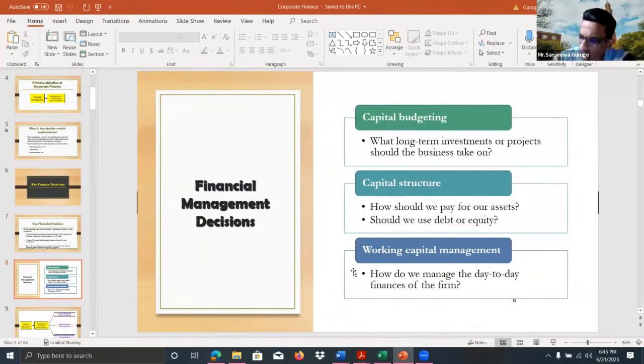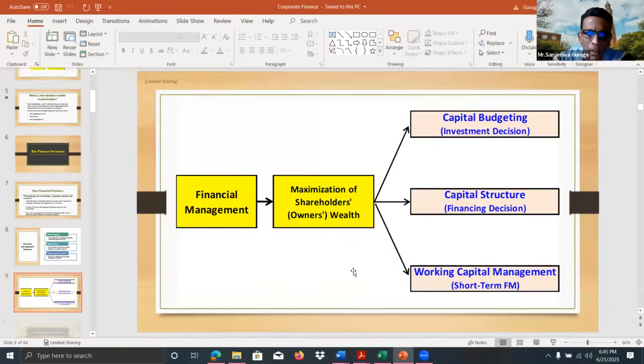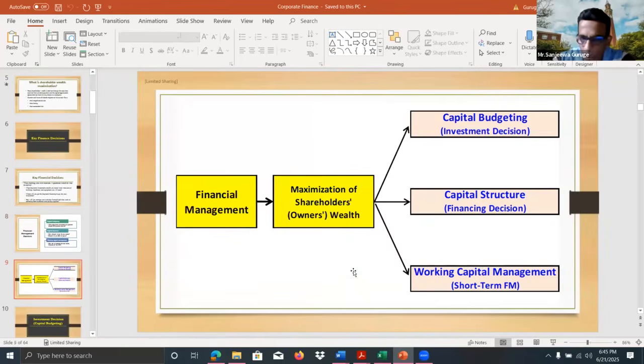But these are also interpreted as the investment, financing, and dividend decisions, which is definitely another right and accurate way of interpreting this, because the dividend decision is a very important decision that all organizations should take correctly, which will definitely affect the main objective of the maximization of shareholders' wealth, right?